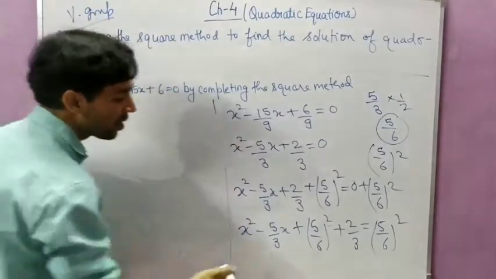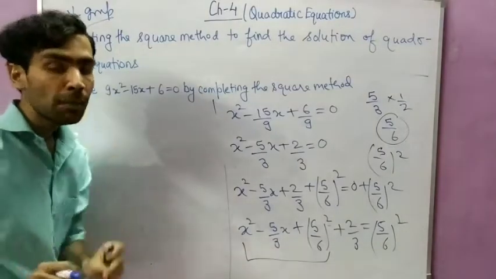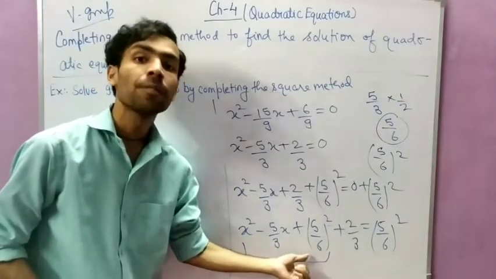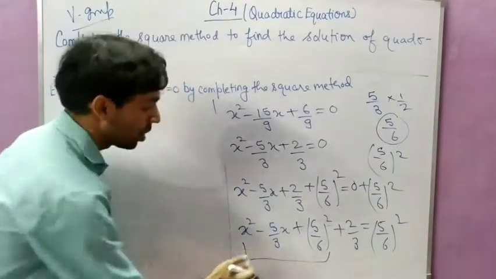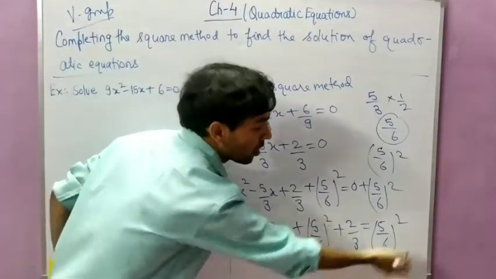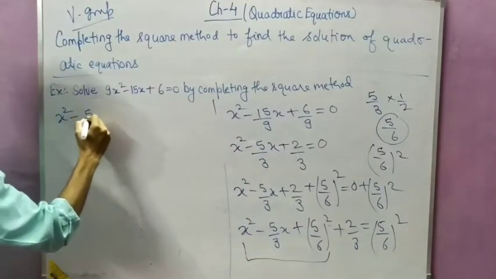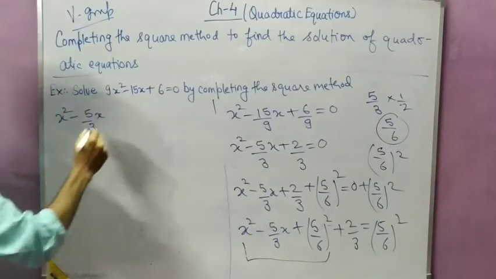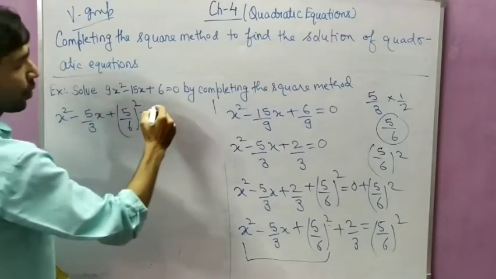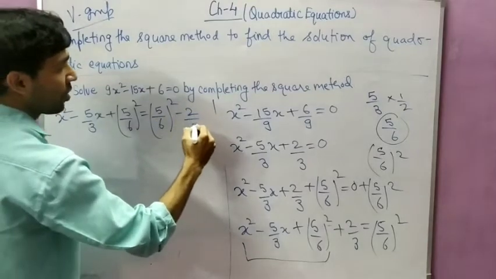Remember, you have to take these 3 terms together, and this 2 by 3 will be transferred to the other side. So see, x square minus 5 by 3 x plus 5 by 6 whole square is equal to 5 by 6 whole square minus 2 by 3.